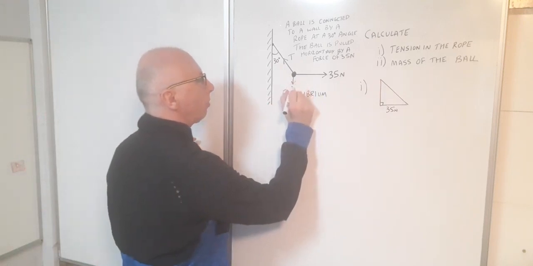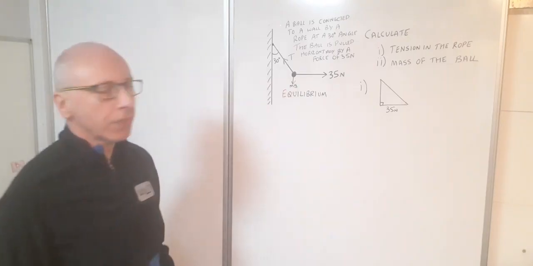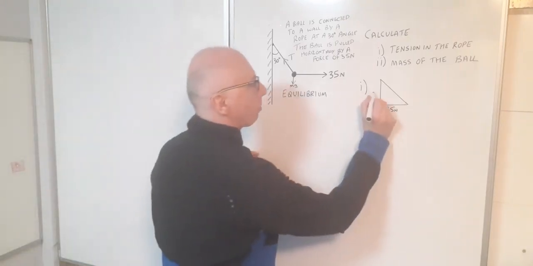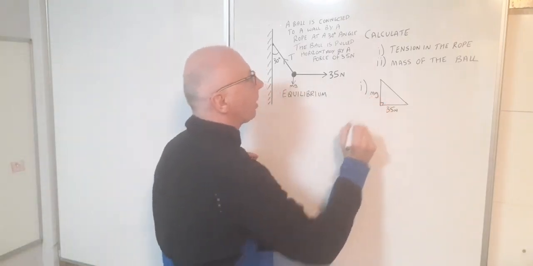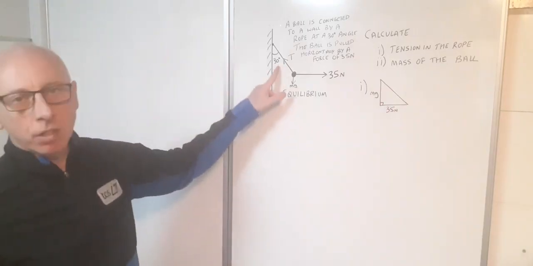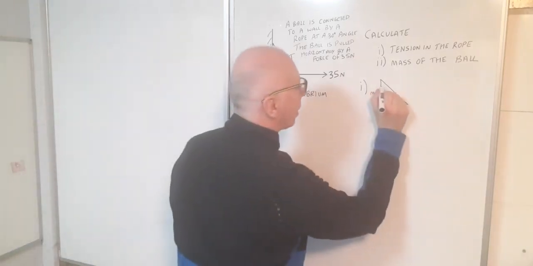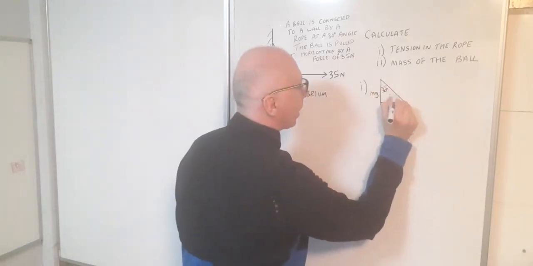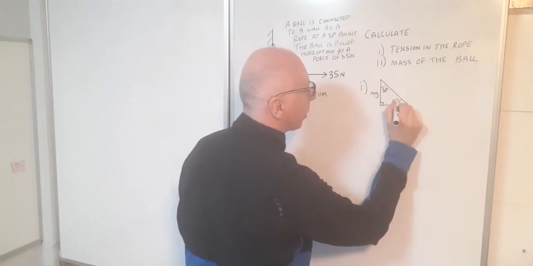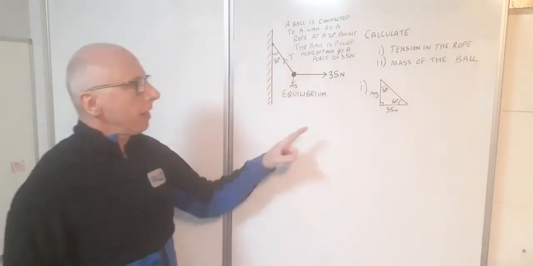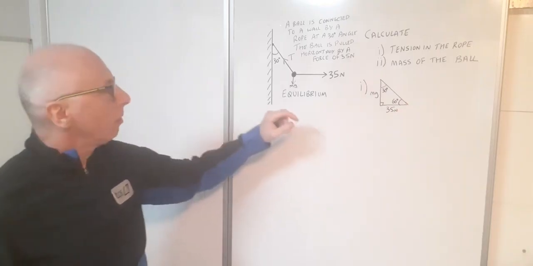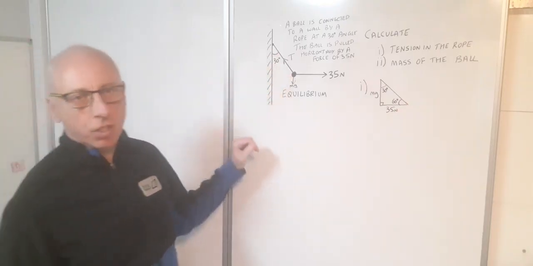So here I've got my ball, so that's mass times gravity. So this one here will be mg, and I've got my angle of 30 degrees. Now I don't have to use this angle here, I could use this one if I preferred as well. And then this line here on my triangle will represent the tension in the rope.